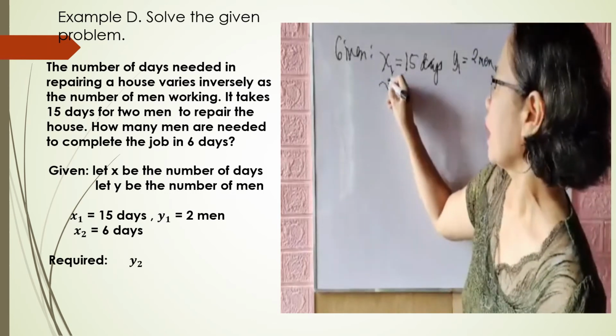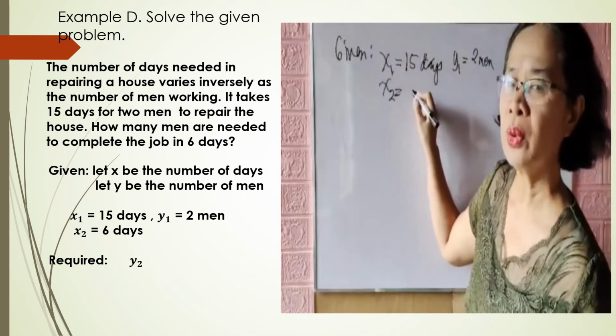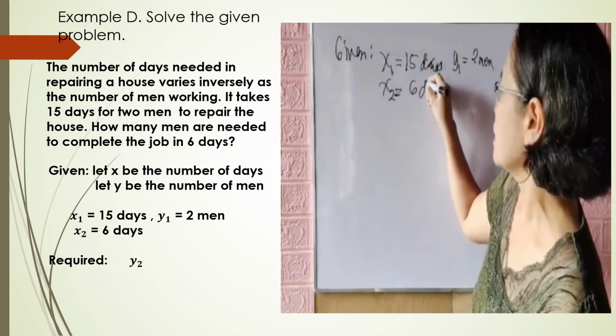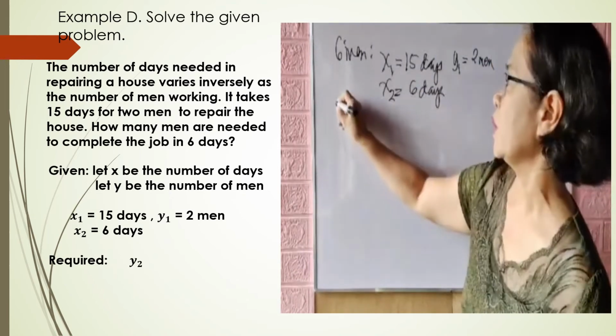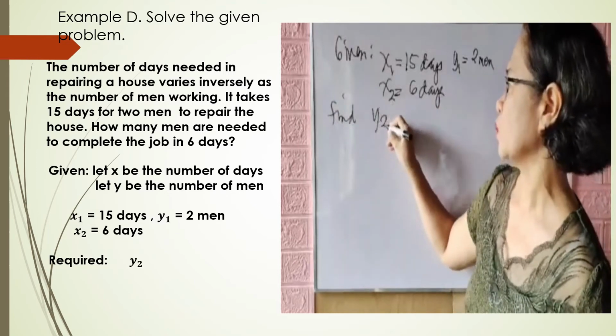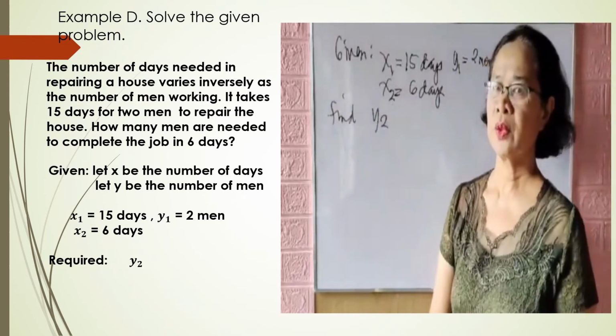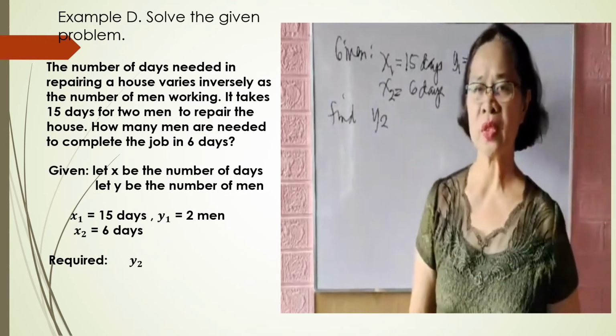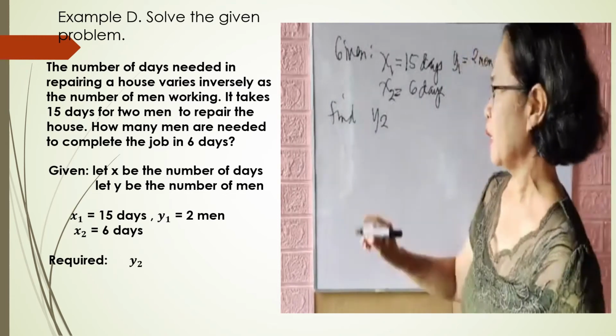Then, x sub 2 is equal to 6 days, and we need to find y sub 2. Again, there are two ways to solve this problem. Let's have the first method.